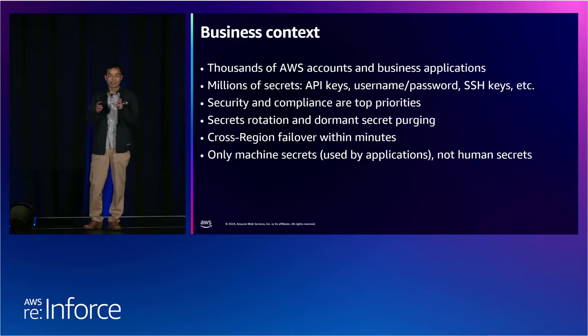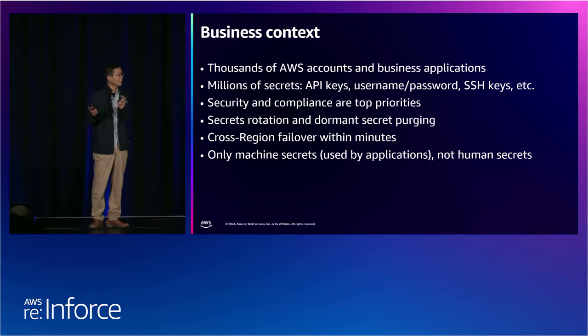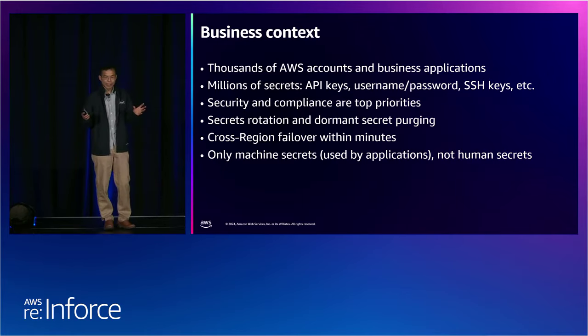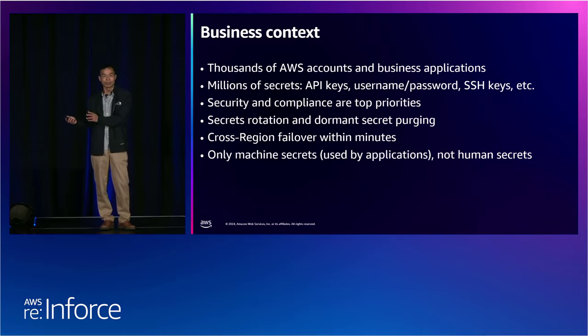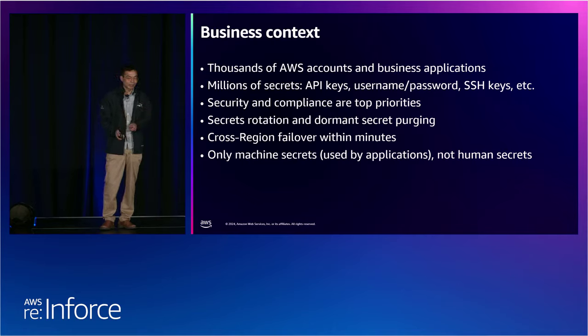And we organize these thousands of AWS accounts into one AWS organization we call the master organization. And then we also have these thousands of business applications, usually deployed in one of these accounts we call an application account. And then all these application accounts need to call one another so that they serve our customers for some specific need.